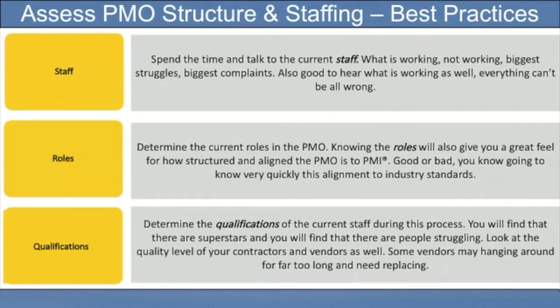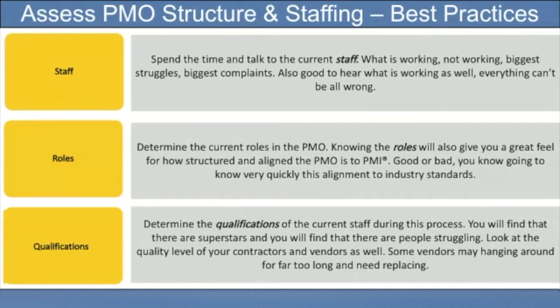When you think about staffing and the structure, you want to know the current qualifications of the current staff. You'll find that there's some superstars, there's some people struggling, right? You've got contractors, you've got vendors. Some vendors may be there far too long and just been around forever and maybe need some replacing.